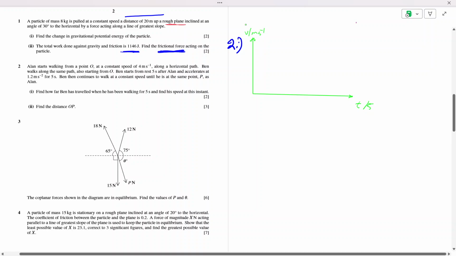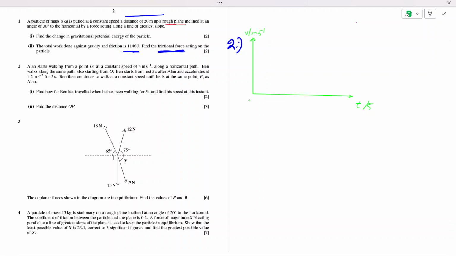The question is saying that Alan starts from point O, so I'm just going to label this point O when he starts walking. It says that he starts walking at a constant speed of 4 meters per second, which means we go to our graph and mark 4 meters per second right there.